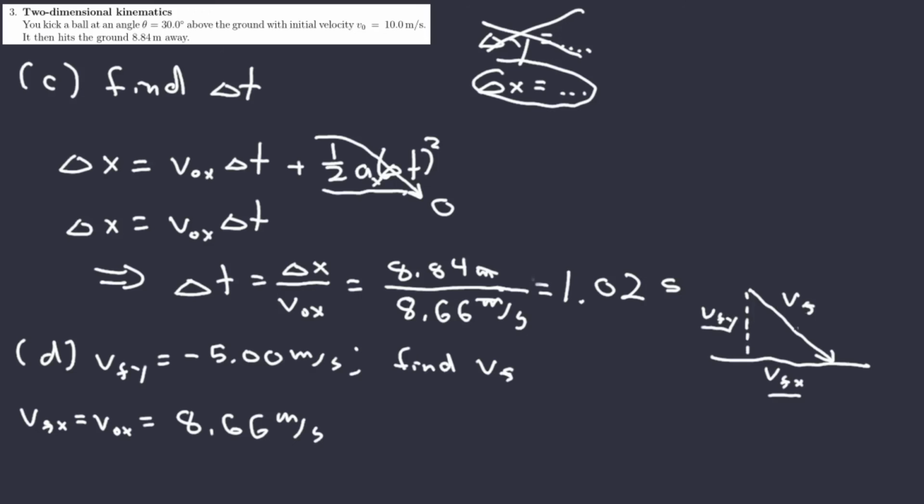So if I use my Pythagorean theorem on this triangle here, then I can write down that v final squared is equal to 8.66 squared plus negative 5.00 squared, and the units here are meters per second squared.